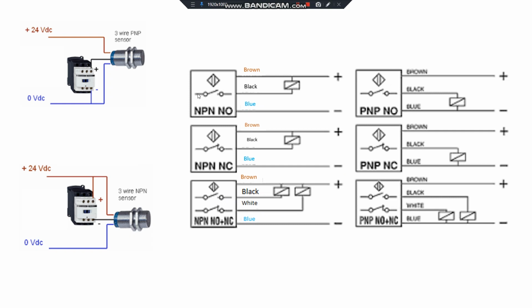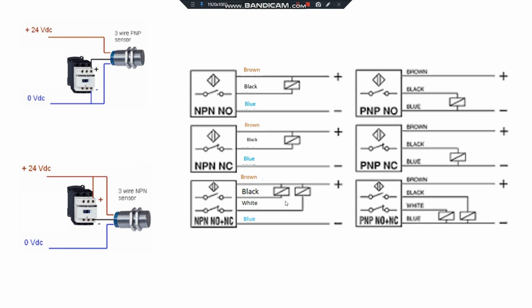Also, this one is an NPN type sensor, and this one is a PNP type sensor. The difference is that for the NPN sensor, we connect the brown cable to the contactor, and when this sensor is activated, the black cable will send 0 volt. There is a 24 present here, and when we send 0 volt via the black cable, this contactor will be activated.